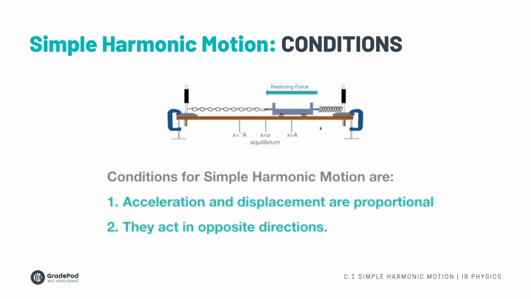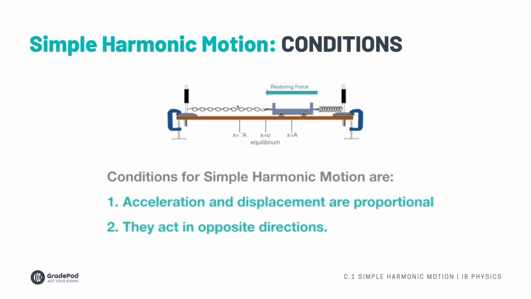We also know that the displacement of the cart is maximum here, and maximum here. They both increase by the same factor, and they both decrease by the same factor. This means that the first condition for simple harmonic motion is that acceleration and displacement are proportional, only in magnitude, because the displacement of the cart here is positive, but the acceleration of the cart is negative.